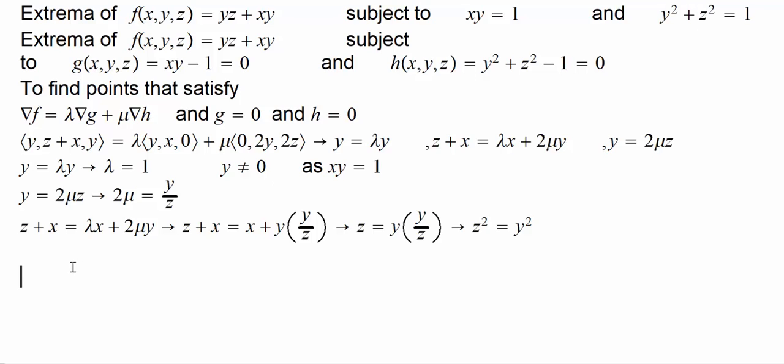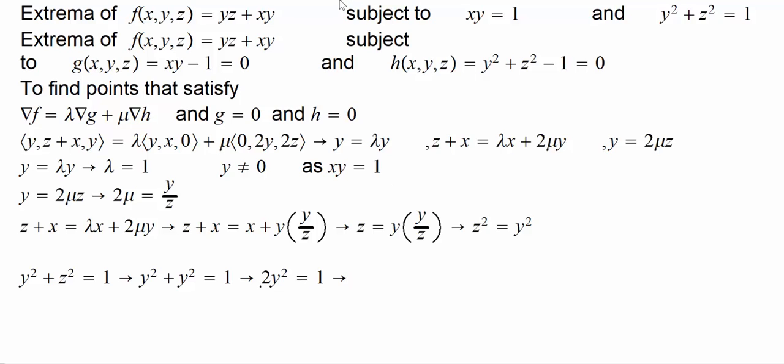So this condition gives me what? I can replace either of them by the other one. Let's replace z by y. So what this gives us is that 2y squared is 1. All right, so y will be plus or minus 1 over square root of 2, right?